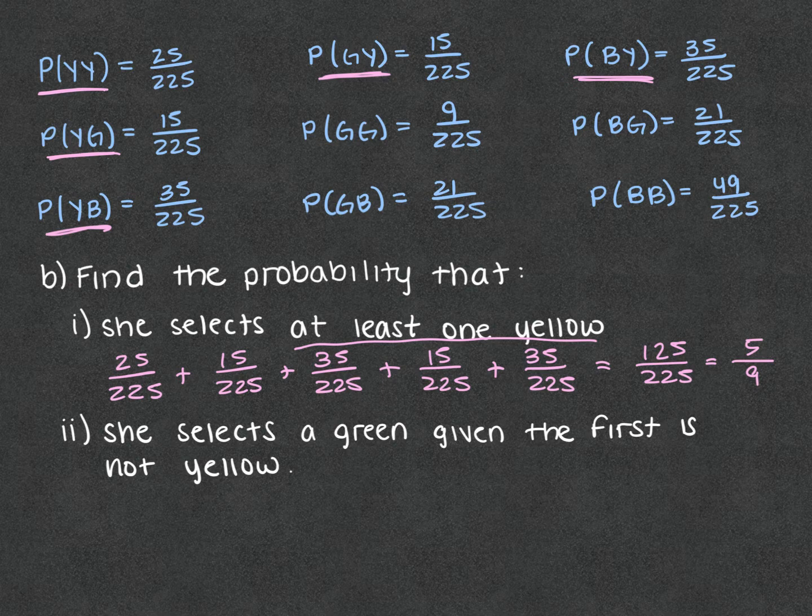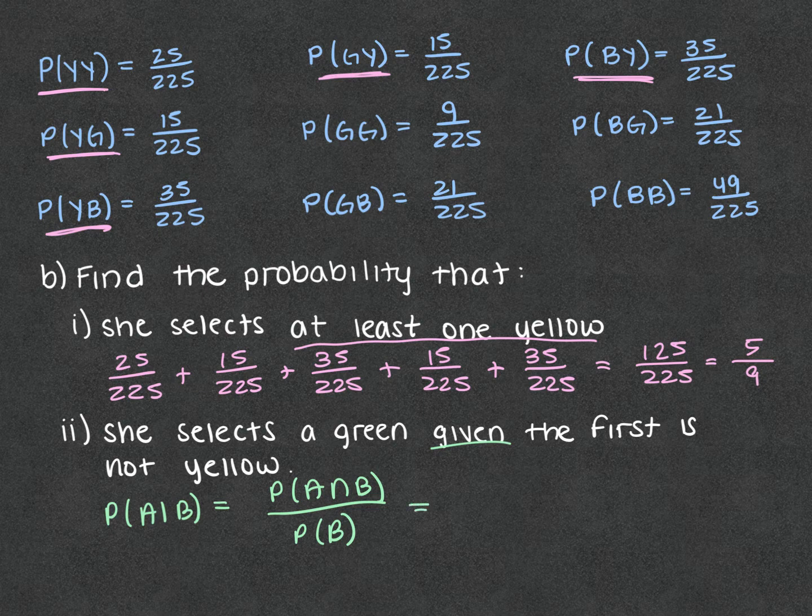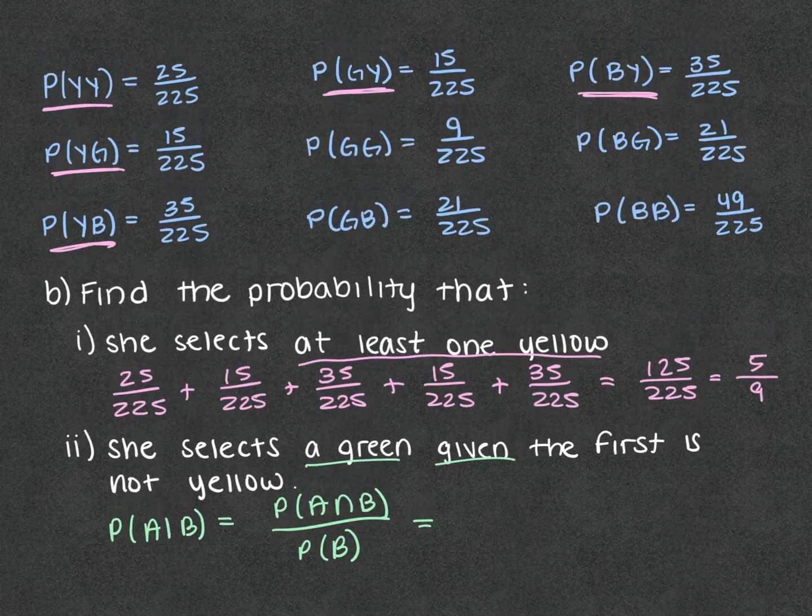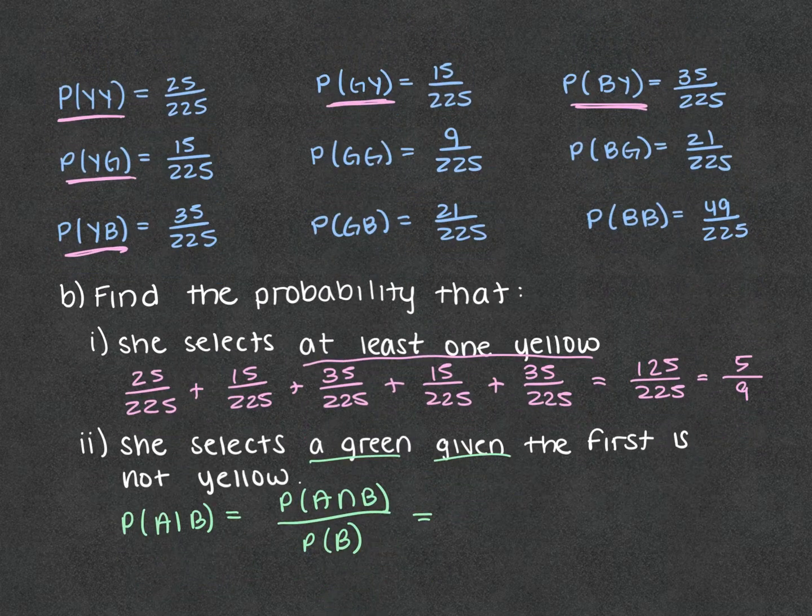All right, for the second one, we're trying to find the probability she selects a green given the first is not yellow. For our given formula, A given B is the probability of A and B over the probability of B. First we want to figure out she selects a green and the first is not a yellow.